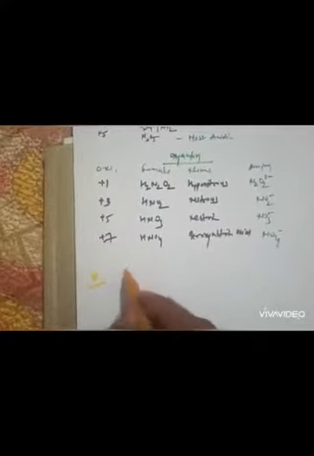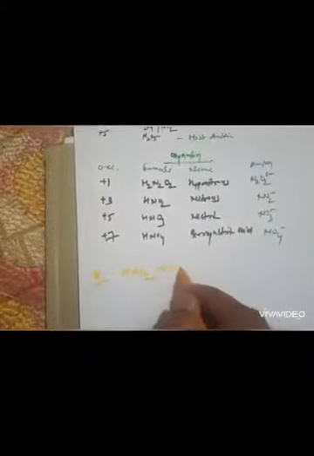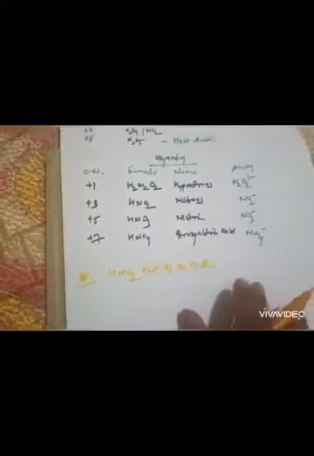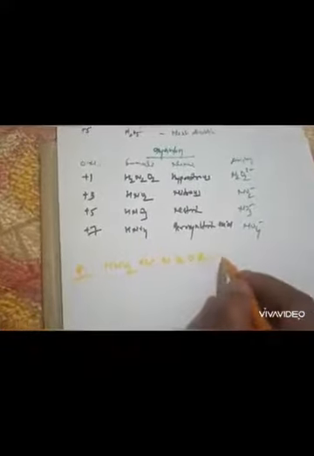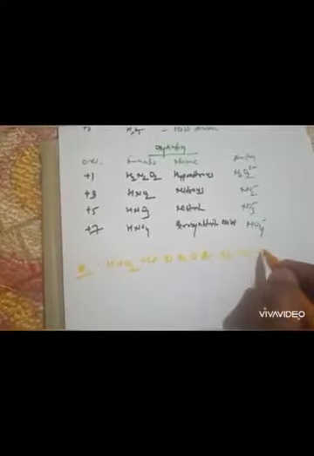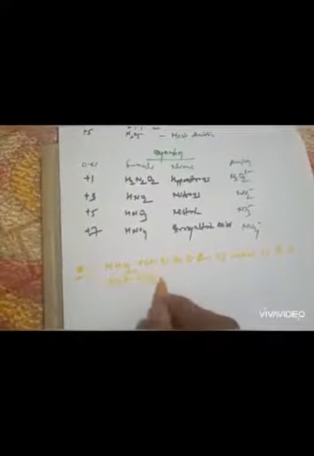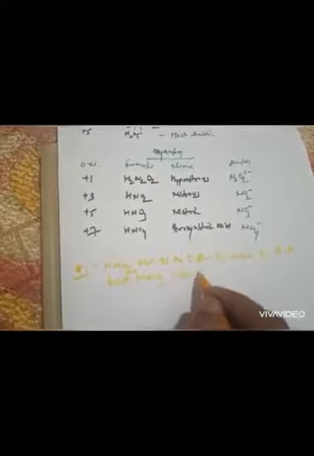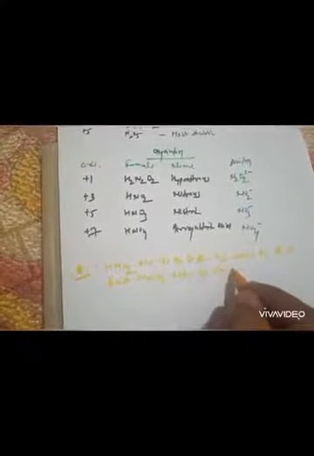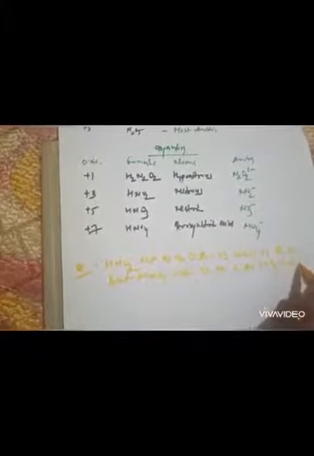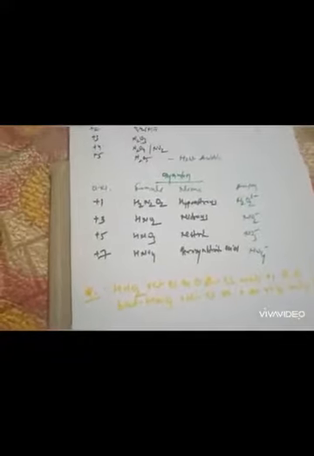The question is: HNO2 acts as an oxidizing agent as well as a reducing agent, but HNO3 acts as an oxidizing agent only. Why? So this is the question, and the answer is as follows.